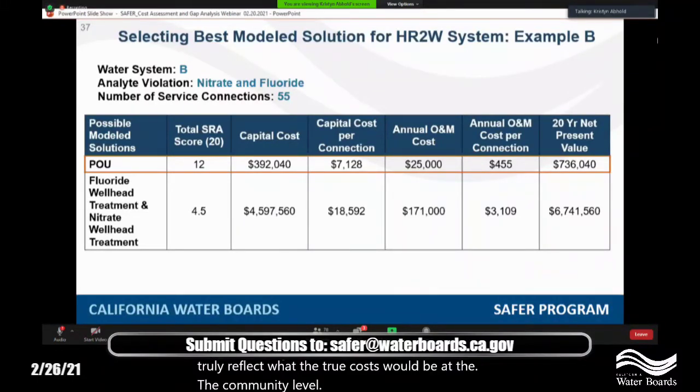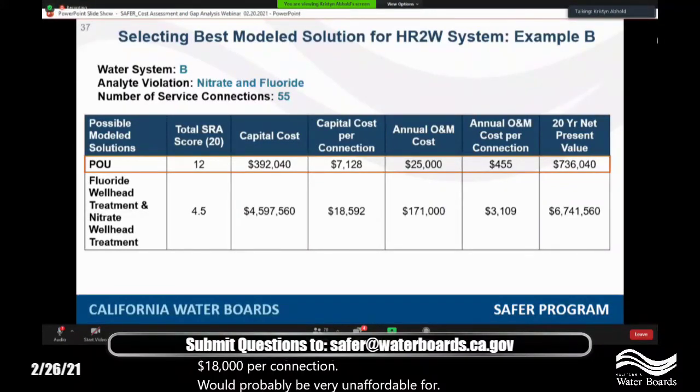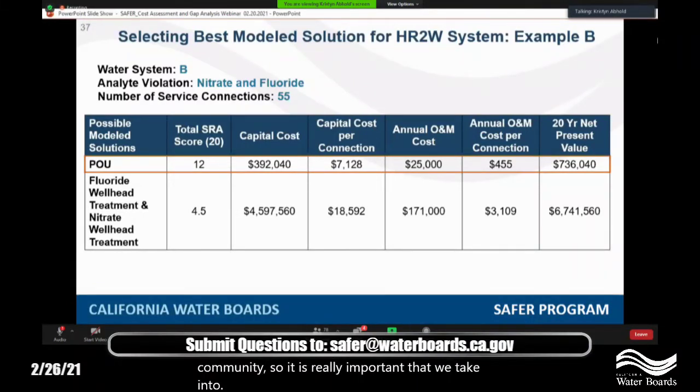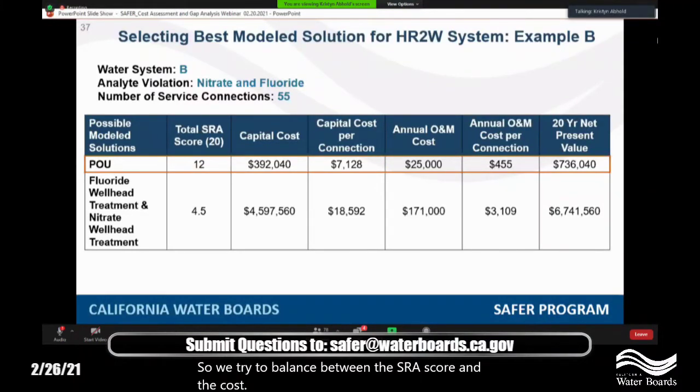But you can see here that the cost per connection between the only two modeled solutions is quite dramatic, in that $18,000 per connection would probably be very unaffordable for that community. So it is really important that we take into account the cost and the affordability of these modeled solutions. We try to balance between the SRA score and the cost in selecting the best modeled solution for the cost assessment.